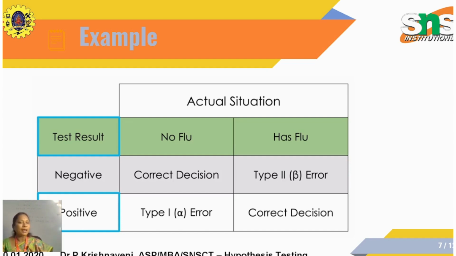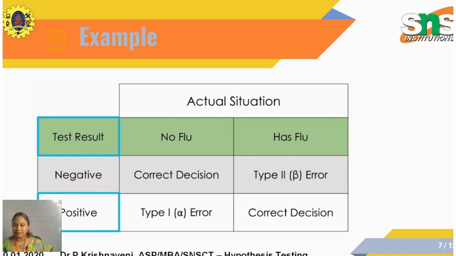If we do not have COVID and we get a negative result, this is correct. At the same time, if we have COVID and we get a positive result, this is also correct. So there is no harm in these two cases.